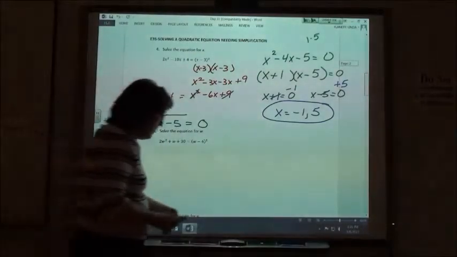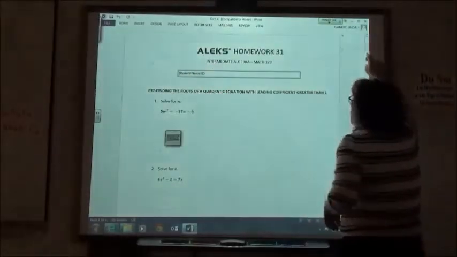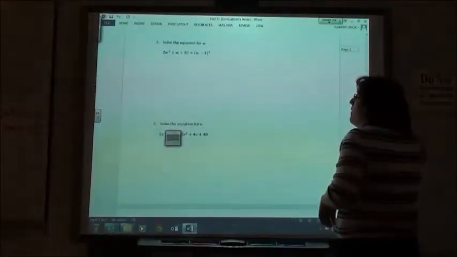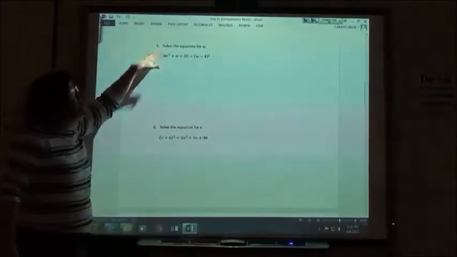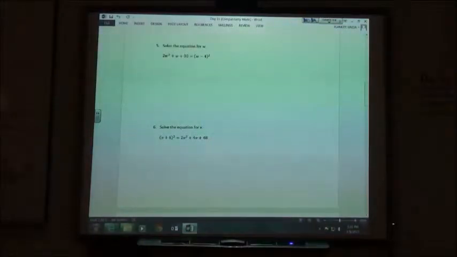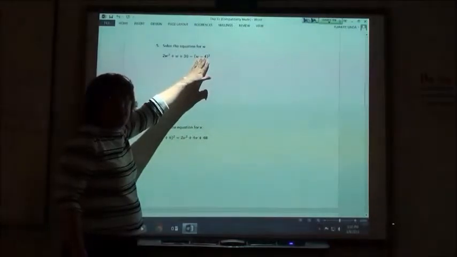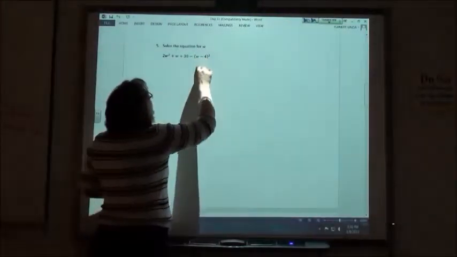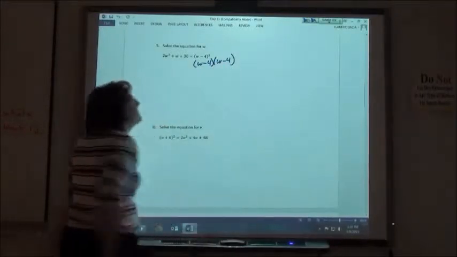So, I'm going to move the board up so we can do number 5 and you can see what's going on. Number 5. Again, we're solving our equation. We see we have squared terms, which means we need to have it set equal to 0. But before we set it equal to 0, we're going to get rid of the parentheses by squaring that. So we're going to take w minus 4 times w minus 4.